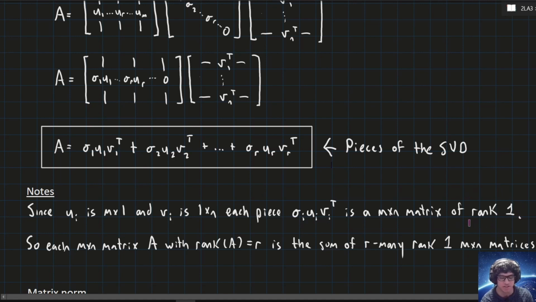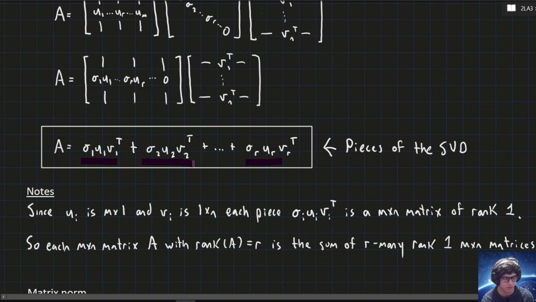And each of these pieces will have rank 1. Remember, from the first test, we showed that any matrix of this form is going to be of rank 1, provided both vectors are non-zero. In this case, since they're singular vectors, they are non-zero. So each of these is of rank 1.